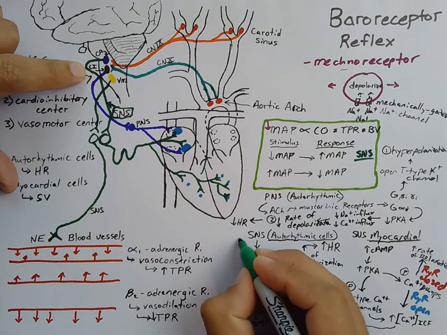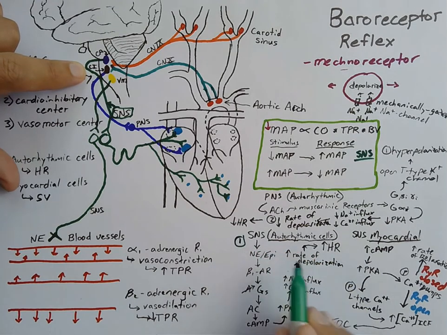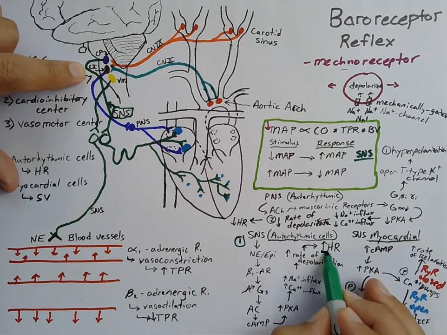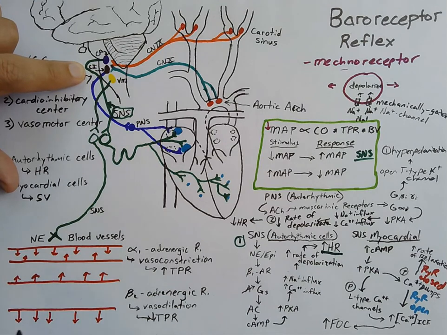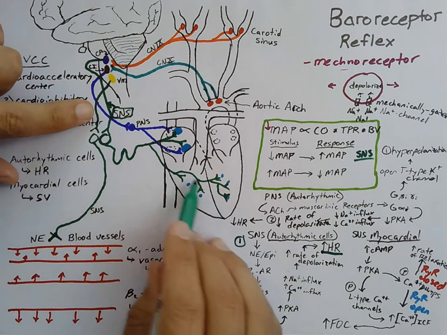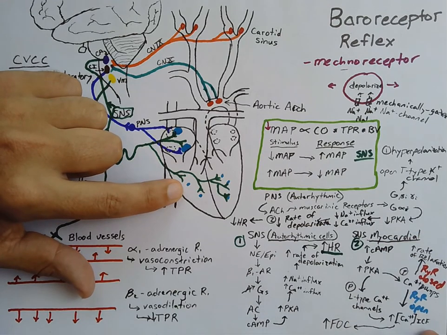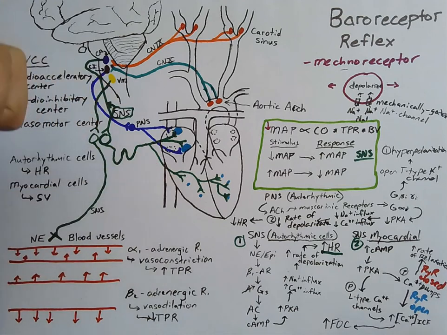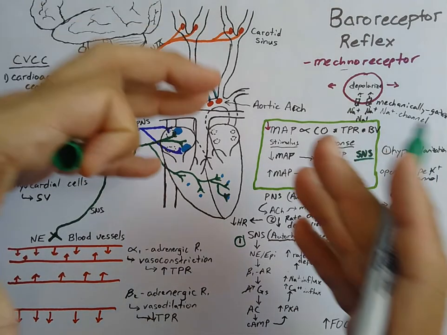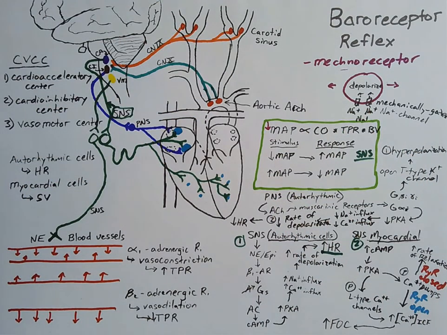One, as we activate that sympathetic nervous system, heart rate is going to increase. Two, myocardial cells are going to increase their force of contraction and their rate of relaxation so they can pump stronger, faster, and relax faster.